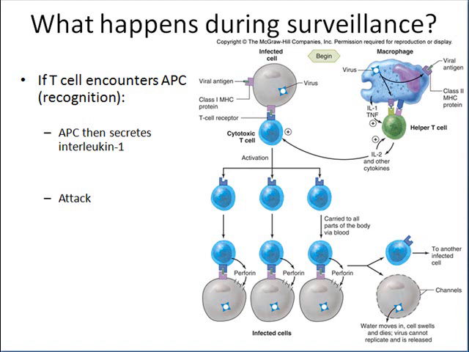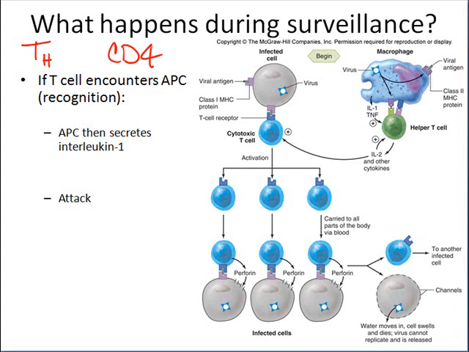So we have a safety mechanism in place. That safety mechanism is the helper T cell, or the CD4 cells, if you want to call them that too. The helper T cells confirm and make sure that the cytotoxic T cell is correct in its belief that there is an infection happening.